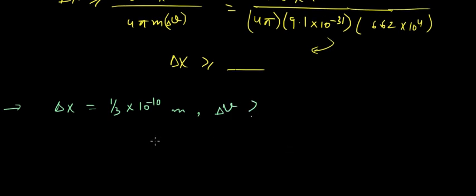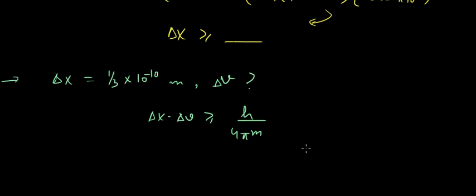So again, using the same formula, delta x into delta v should be greater than h upon 2 pi m, or rather not 2 pi m, 4 pi m. So again putting the values of all the required fields here, calculate the value of delta v here.